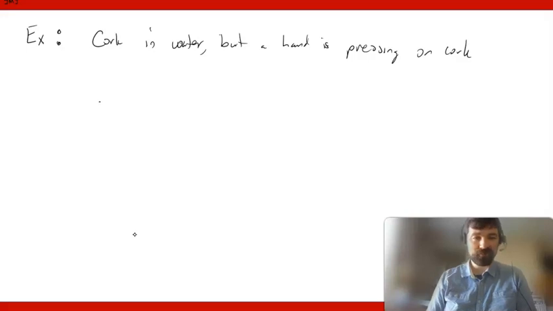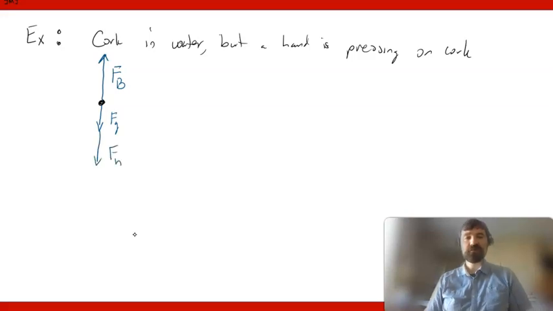Your cork would be this right here, and there's some force upward from the water, as we'll learn in a later chapter. That's called the buoyant force, so we'll call that FB. There's also a downward force from gravity, and maybe another downward force from the hand.